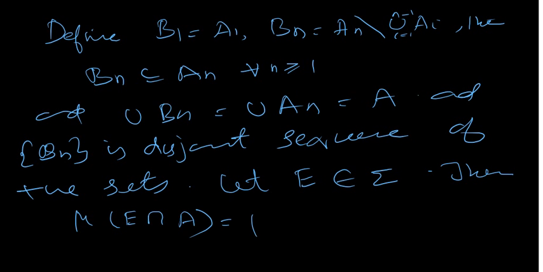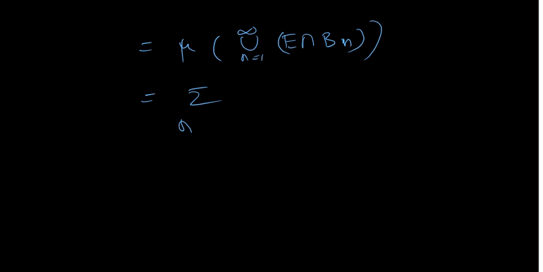It's equal to mu of E intersection A, but A is a disjoint union, n runs from 1 to infinity, Bn. And this is equal to mu of the union, n runs from 1 to infinity, of A intersection Bn. Now what are these intersections with Bn? They are disjoint sets, because the Bn's are disjoint. So here I can apply the summation, n runs from 1 to infinity, mu of E intersection Bn.